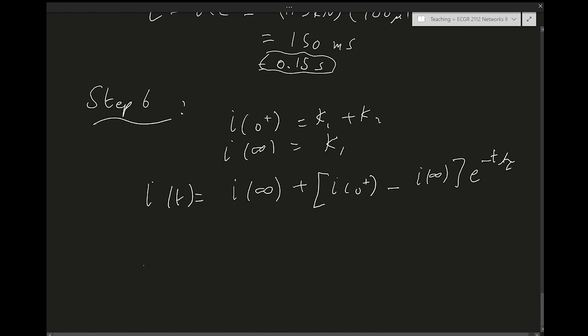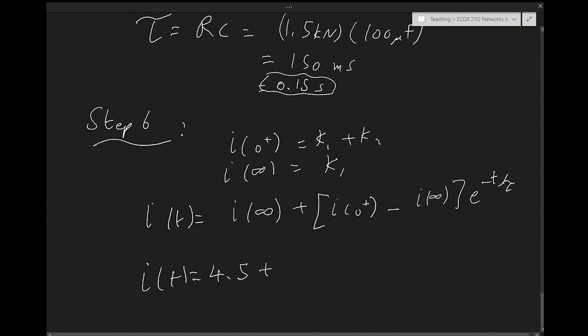And writing it all down, we get I(t) equals 4.5, that's I infinity, plus the difference between 5.33 and 4.5. This turns out to be 0.83 e to the minus t over 0.15. 1 over tau is going to be 6.66 t.